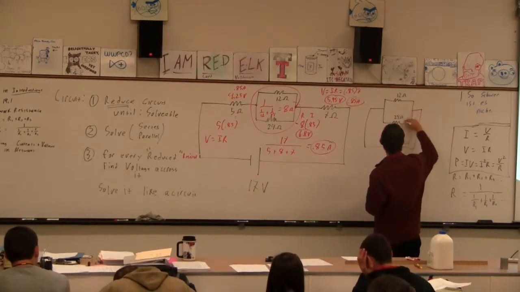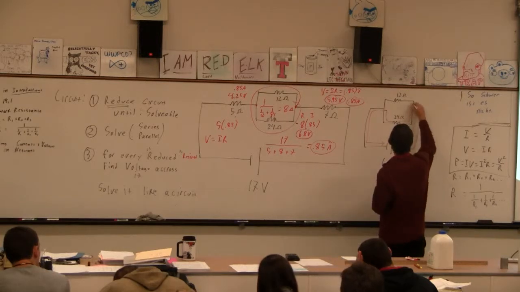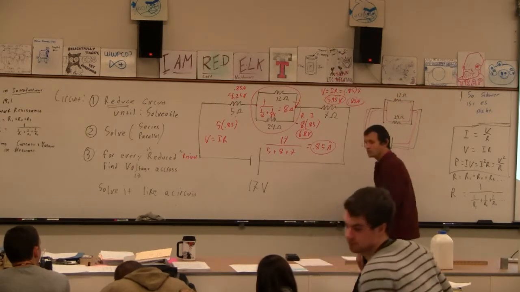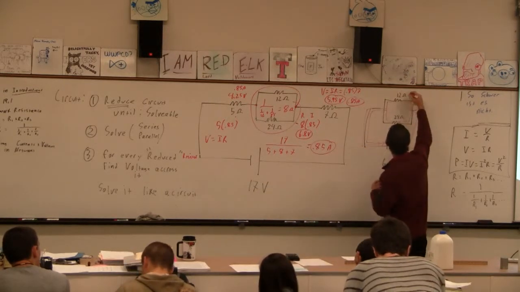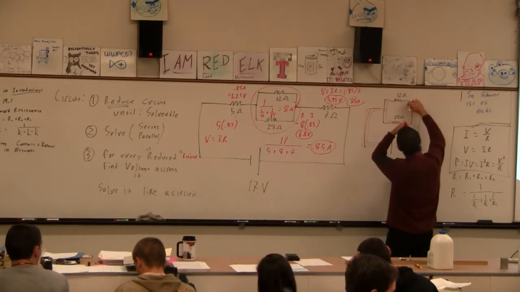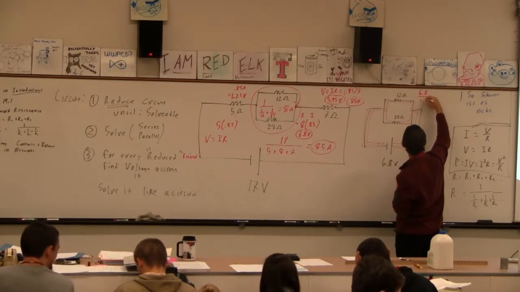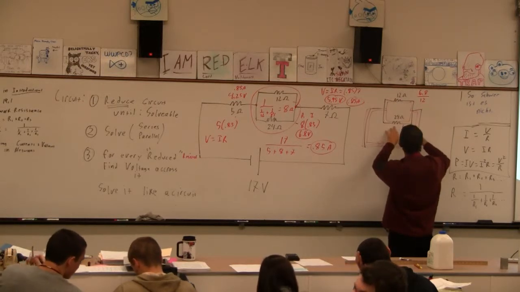Here's one current, right? Here's another current. The voltage across each one of these is 6.8 volts, right? And the current on this one is 6.8 divided by 12, and the current on this one is 6.8 divided by 24.